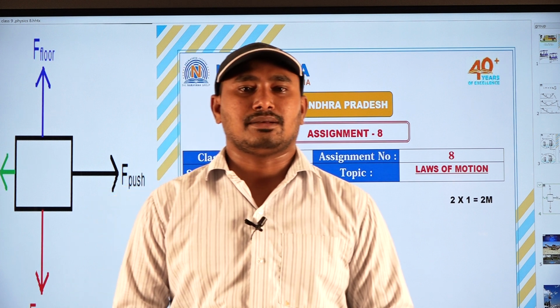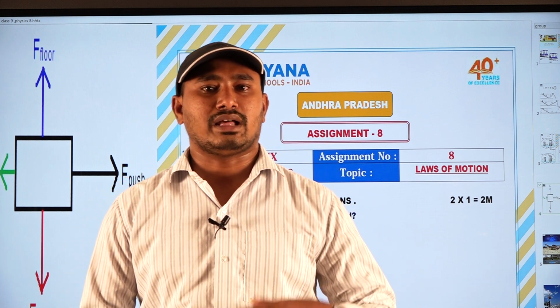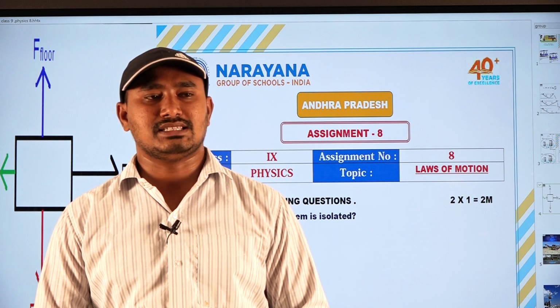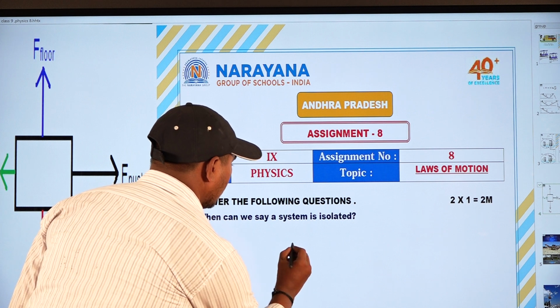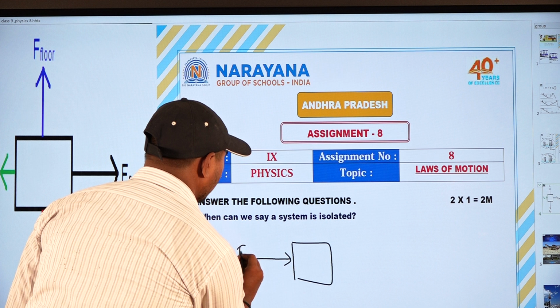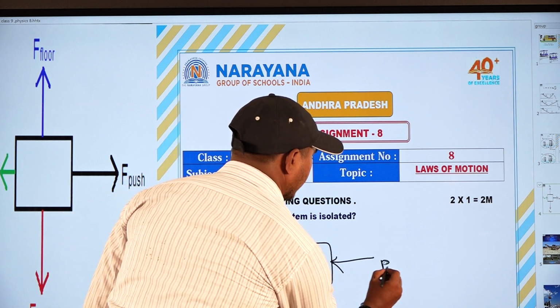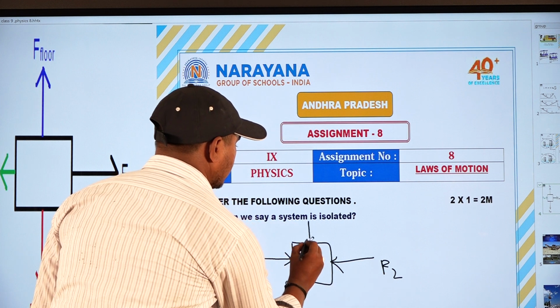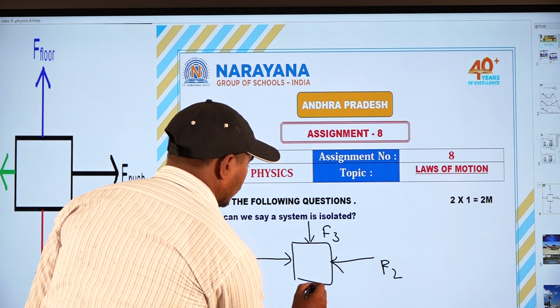Isolated system means that the net external force acting on a body is 0. You should take any object and apply some forces on the object: this is F1, and the same force acts in the other direction, that is F2, and this is F3 in the vertical direction, and this is F4.